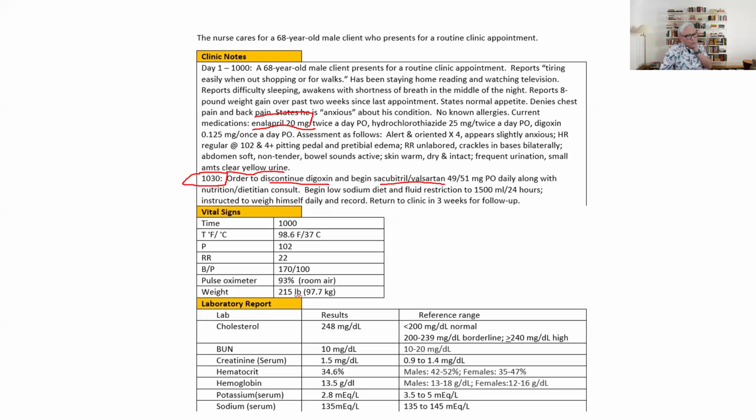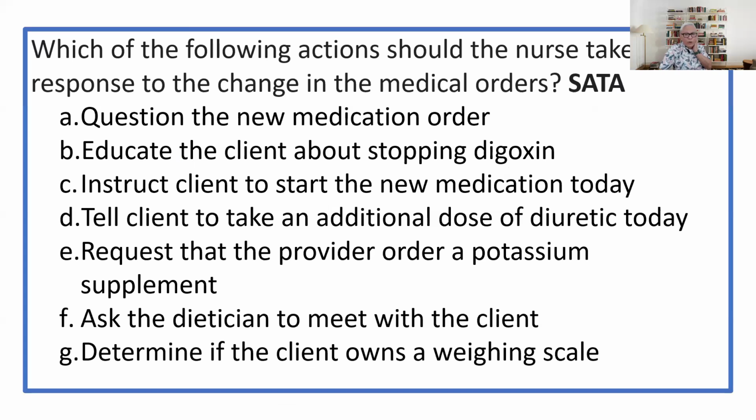So that means the patient is already on enalapril, and then you're going to give this drug. The order obviously has to be questioned because the client is already taking enalapril. All right, so letter A is certainly going to be a correct response.